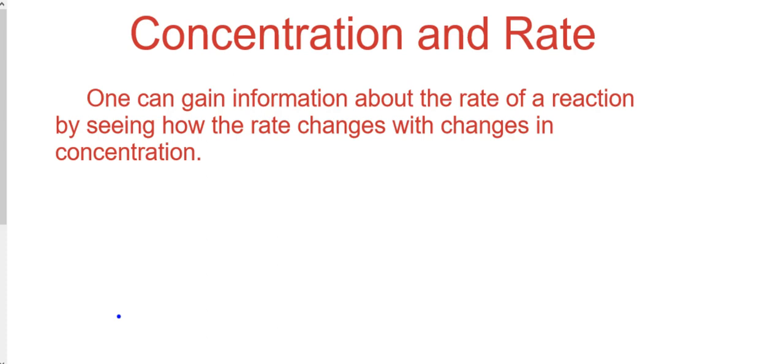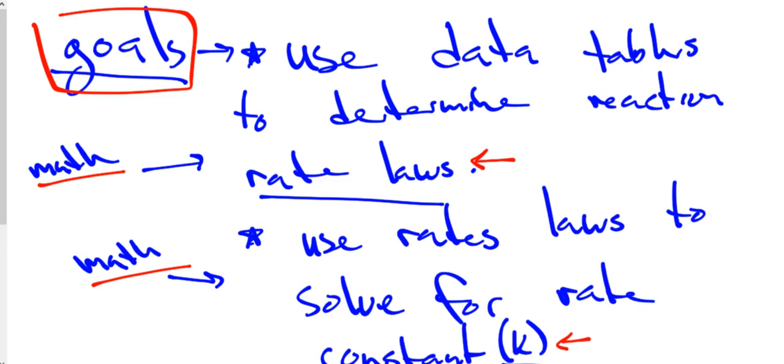Here we go. So one can gain information about the rate of a reaction by seeing how the rate changes with changes in concentration. All right. So our goals, I wrote these years ago, so we'll see what these actually say.